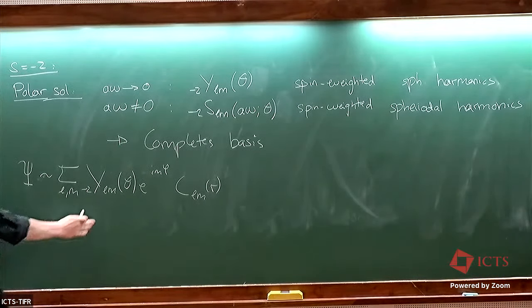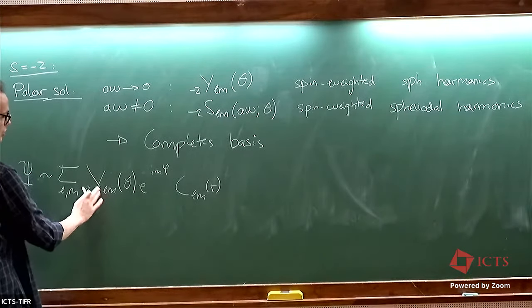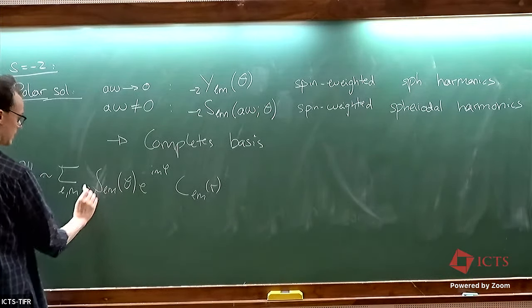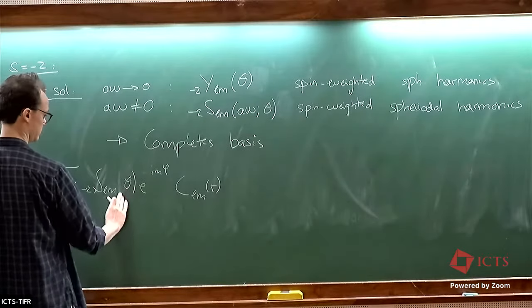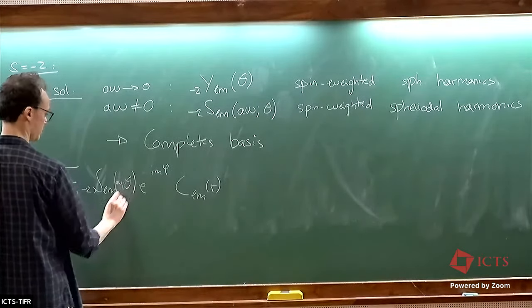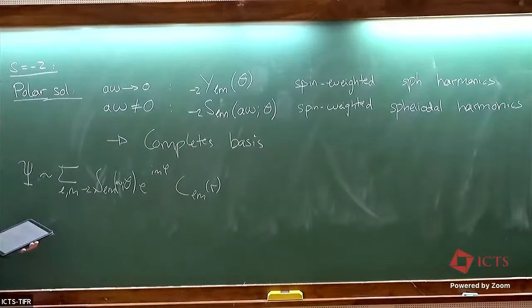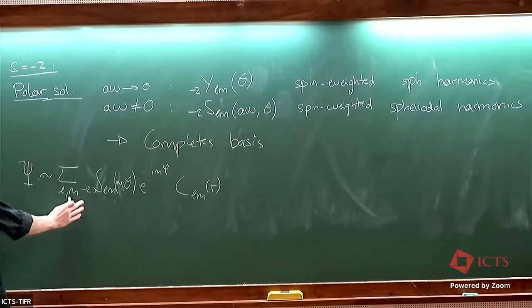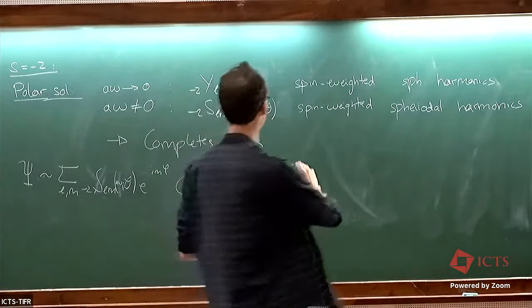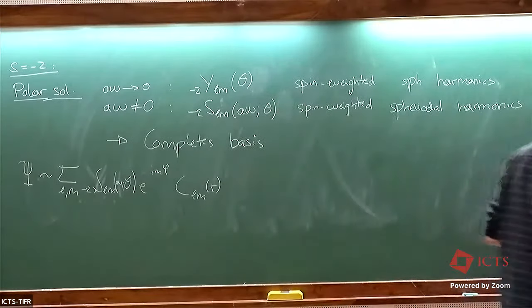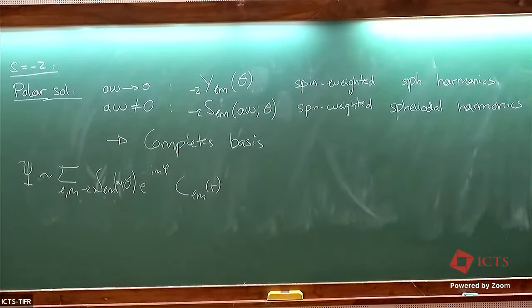So the question is why we would choose the S of a omega instead of the Y, correct? The reason is that if we did this with Y, the Y is not a solution to this, right?